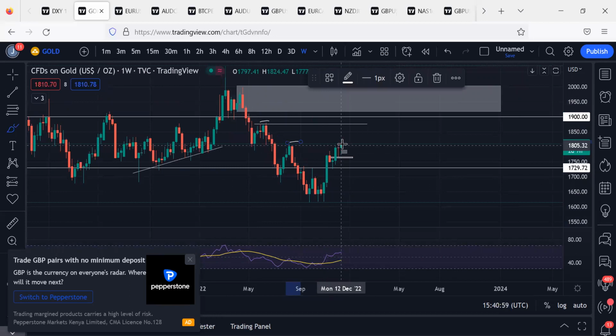So we might just go up a bit to this supply and flush down to 1,732 or 720, which will have a major weekly support, sorry for those terms, they are correlated, before going to 1,900.